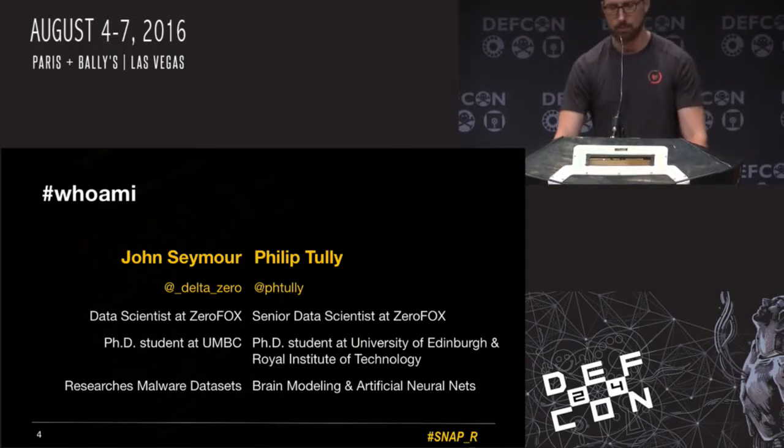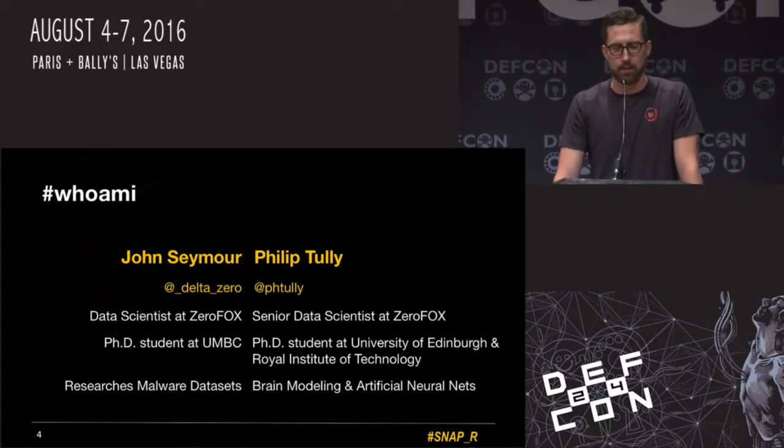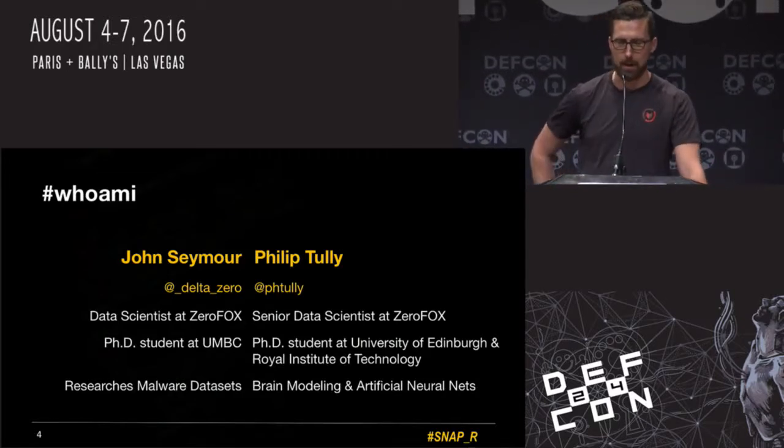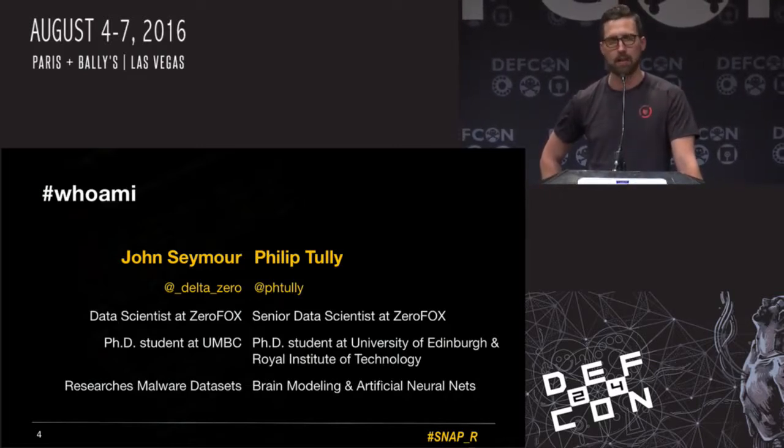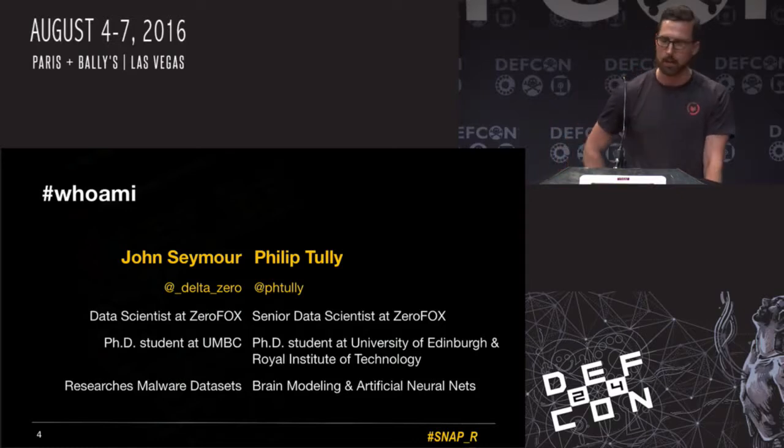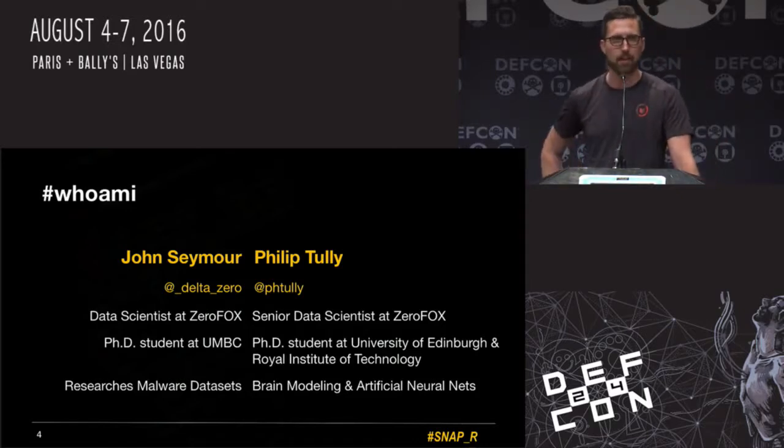All right, and my name is Philip Tully. I'm a senior data scientist at ZeroFOX. In a past life, I was a PhD student at the University of Edinburgh and the Royal Institute of Technology in Stockholm. There I studied recurrent neural networks and artificial intelligence, but in a much more biologically oriented way.